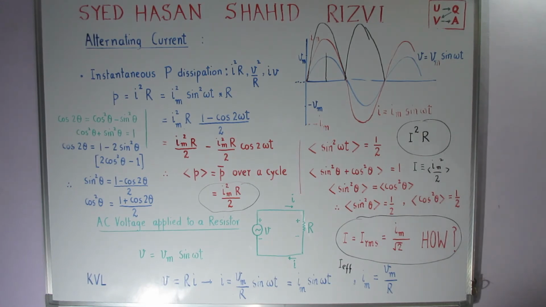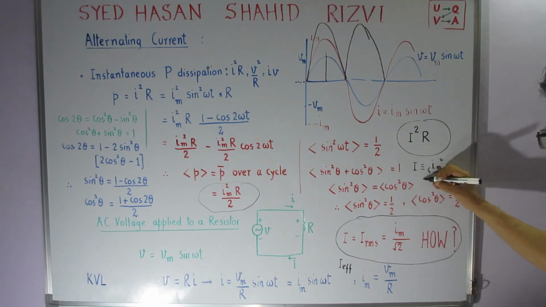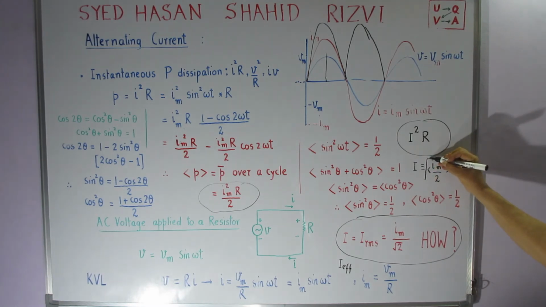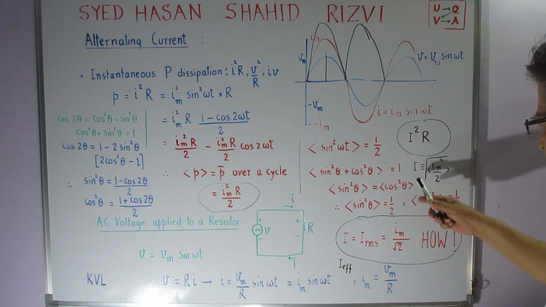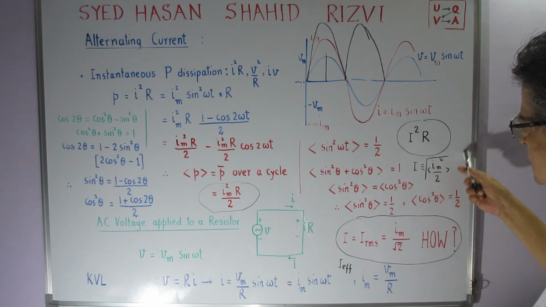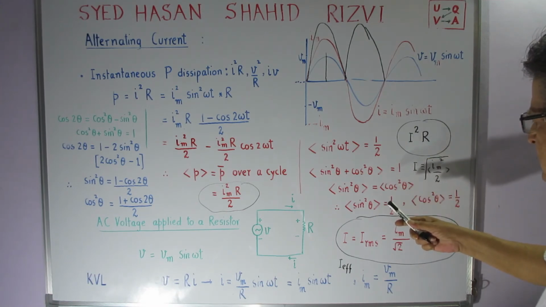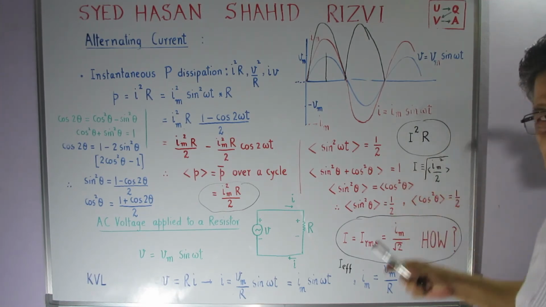So we make the square, we take the mean, and we then take the root. So square mean root, but instead we say root mean square historically.